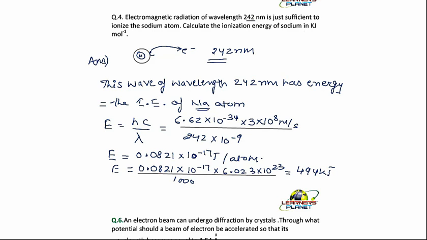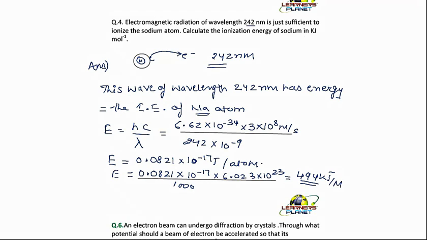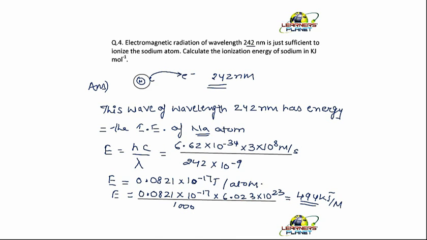So we get our answer, which is 494 kilojoule per mole. So the ionization energy is 494 kilojoule per mole.